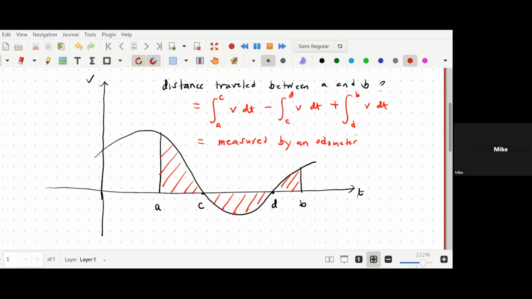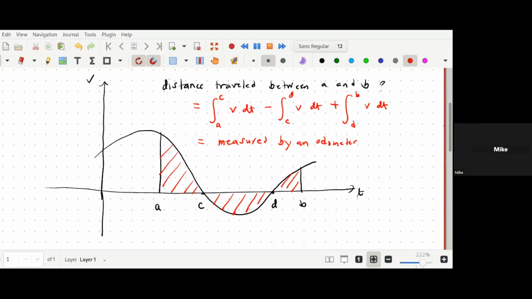Yun yung mababasa mo sa odometer. Pag tinanong ka, ano naman yung displacement between those two times? Pag displacement, zero, kasi bumalik ka rin. Change in position yung displacement.